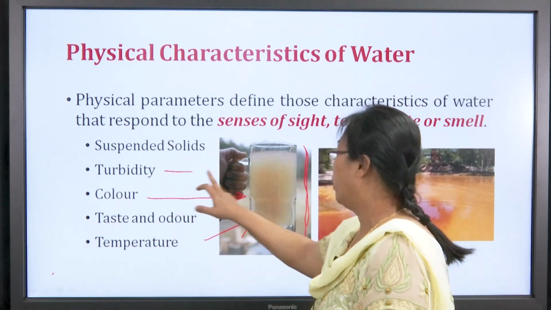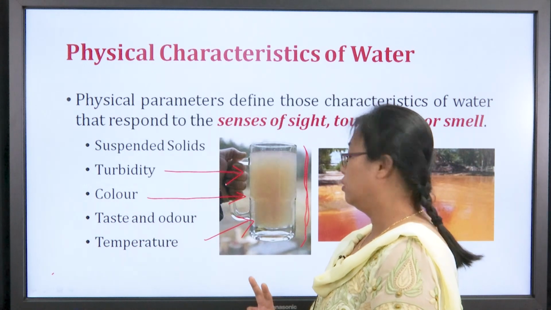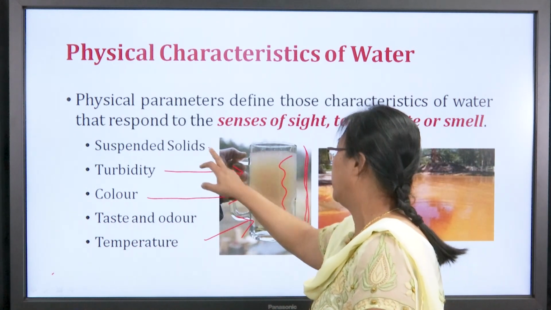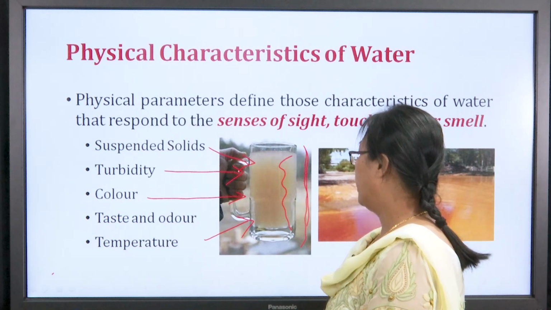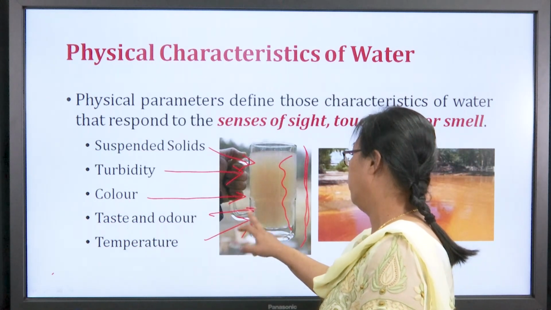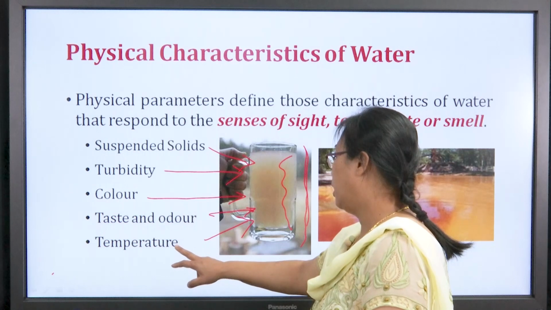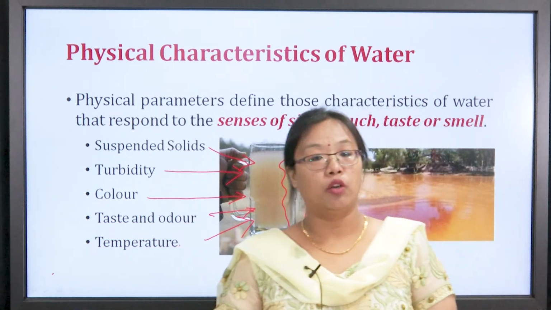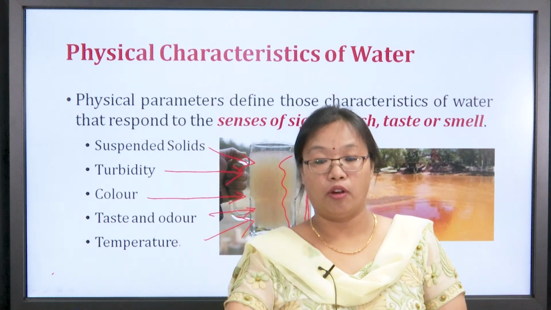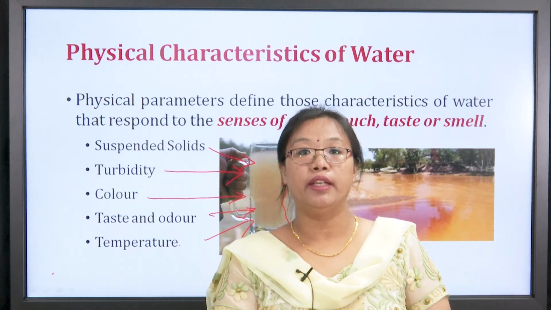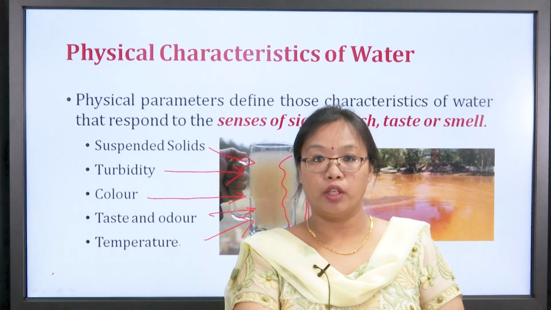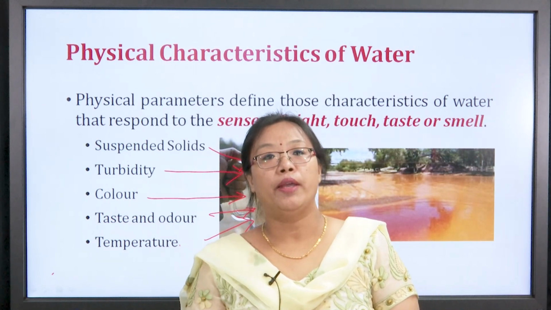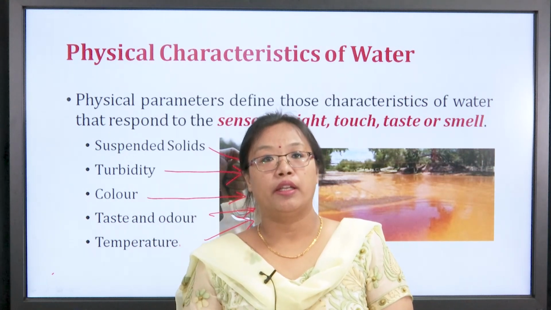At the same time, you can also say that it is turbid, because it has suspended solids. This may also taste very bad. And temperature, how will you feel it? If you have cold water and hot water and you put your hands on it, you can physically tell this is the colder water and this is the hot water. So, all these 5 characteristics are physical characteristics.